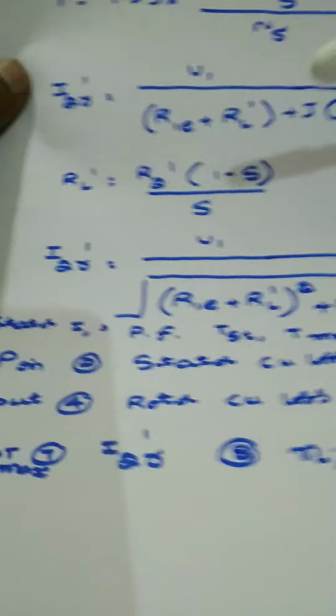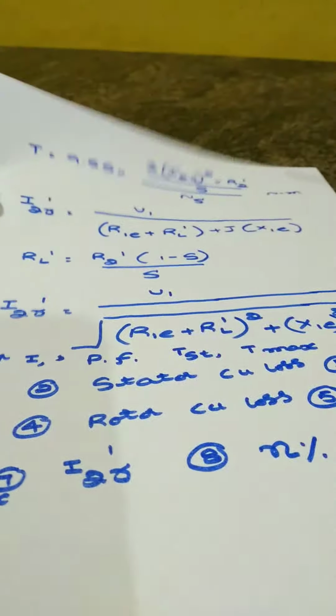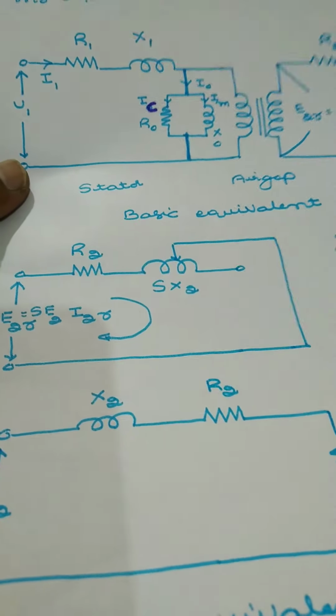Voltage by impedance means the square root of (R1e plus RL dash) whole square plus X1e whole square. So from this concept, from the equivalent circuit, you can obtain the power relations. The induction motor equivalent circuit diagram is similar to the transformer equivalent circuit diagram.